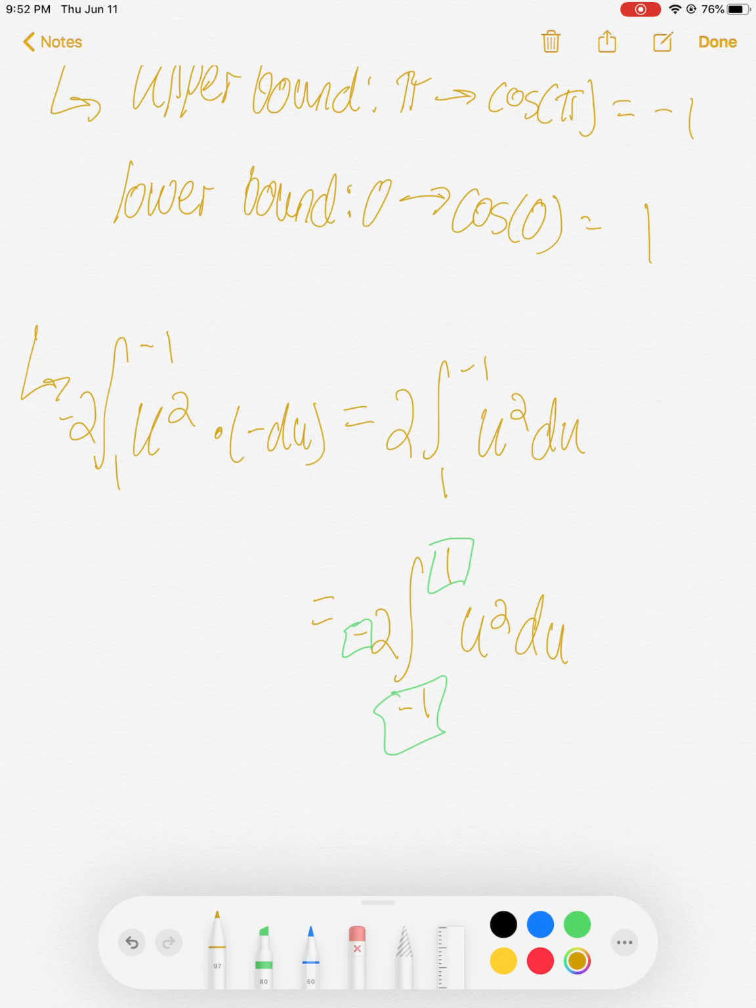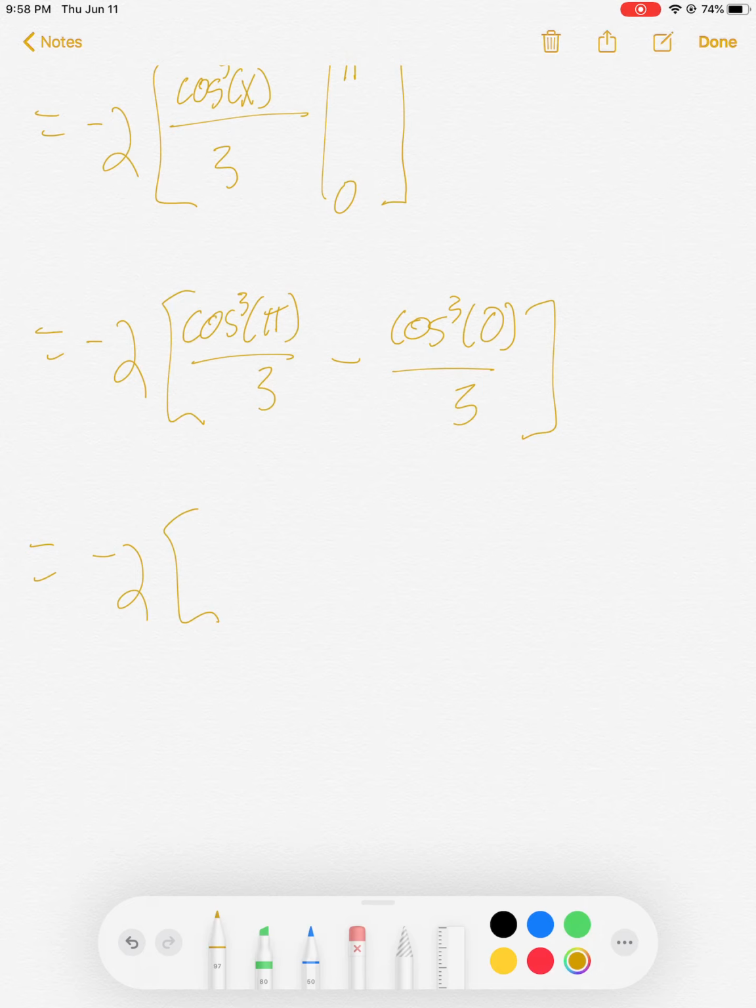And now we're going to evaluate just like we did before. Cosine cubed of pi over 3 minus cosine cubed of 0 over 3. And let me see what this comes out to, -2. Well, cosine cubed of pi, that's -1.